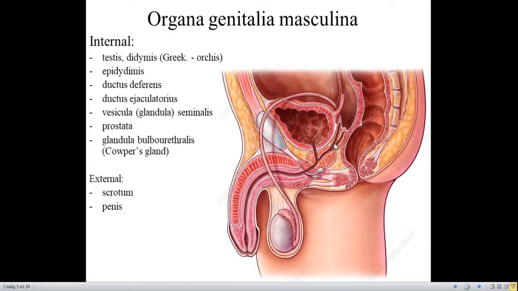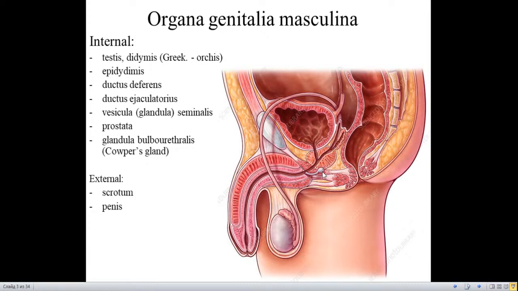Next organ is ductus ejaculatorius, the ejaculatory duct. Next one is seminal vesicles or seminal gland. Next one is prostate, prostata or prostate gland, and bulbourethral glands, also known as Cowper's gland.